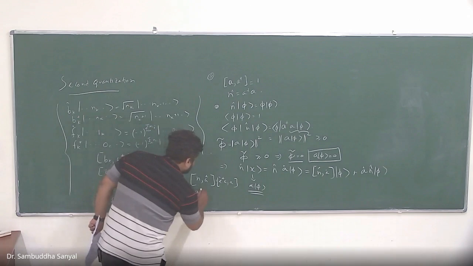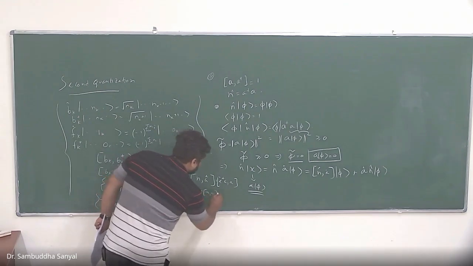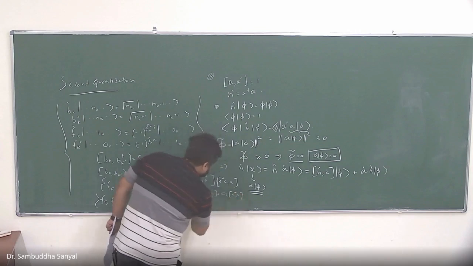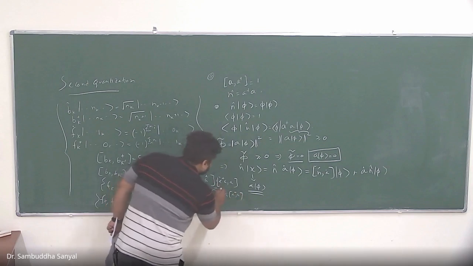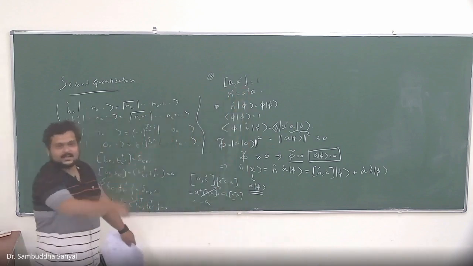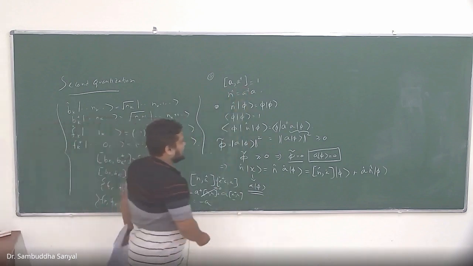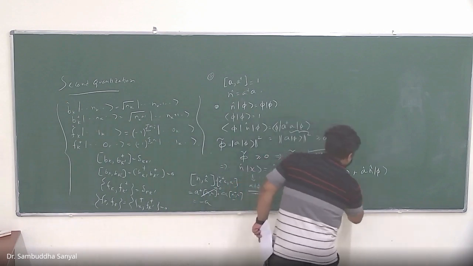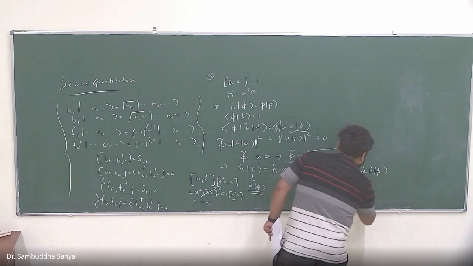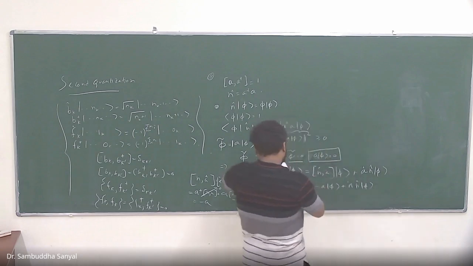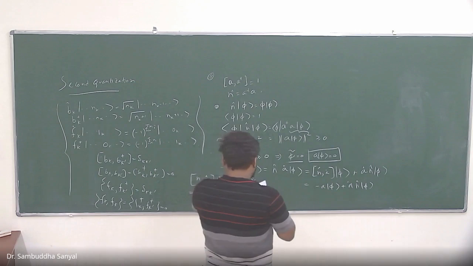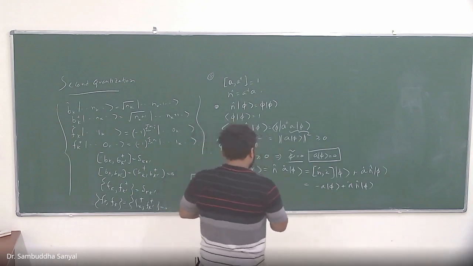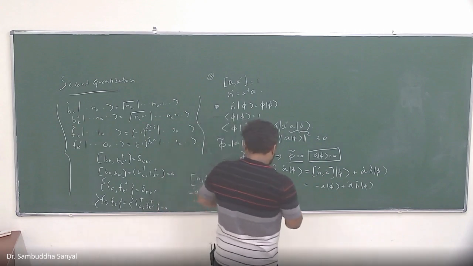So this is a dagger a, that is 0, and next is a dagger a, which is minus a. This is 0 and this is minus, because a dagger is 1, so a dagger a is minus 1. So this is minus a. So what did I find? Minus a phi plus a n phi. Okay. There is no mystery in that because I have just used the commutator. So now that means what?